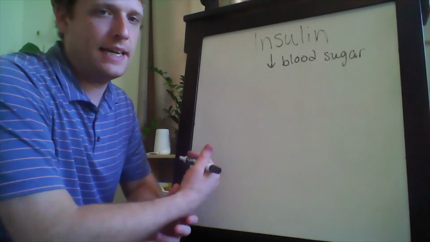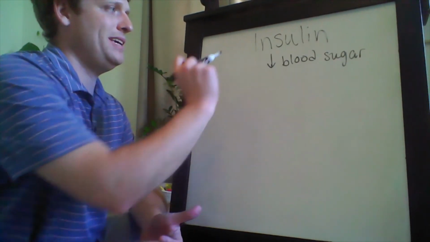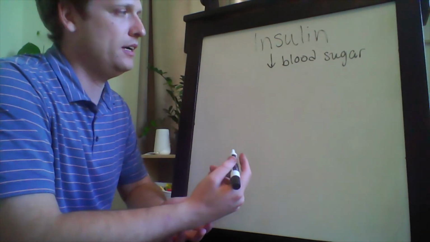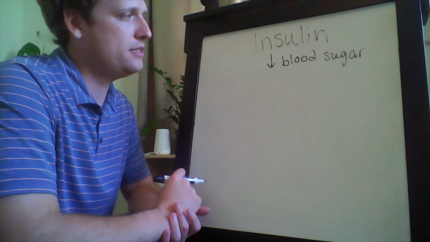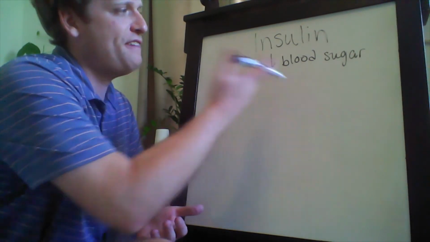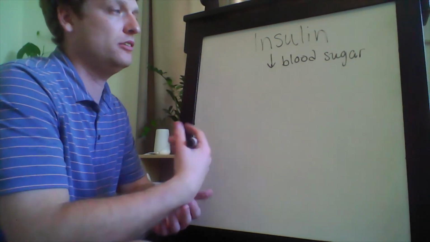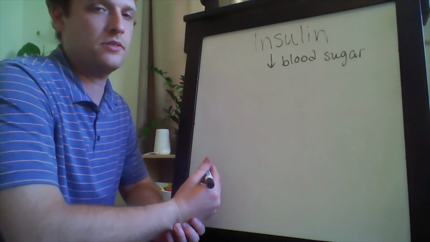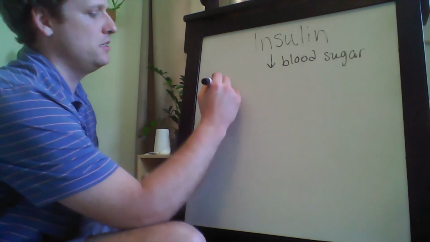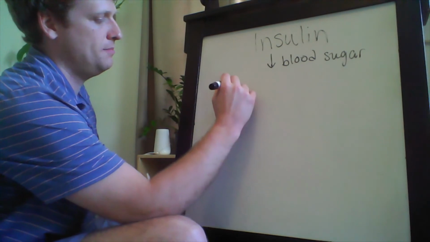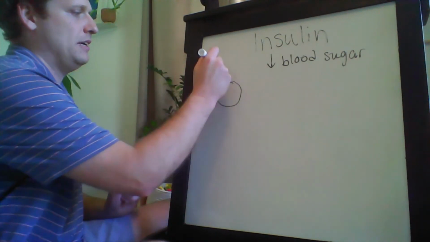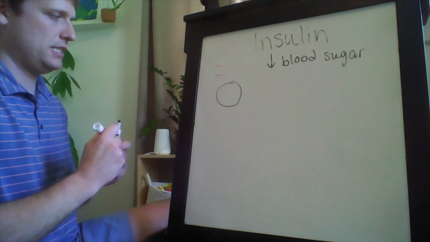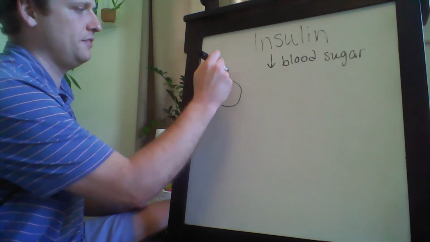So again, the antagonist to glucagon is going to be insulin. This is also produced by the beta cells in your pancreas, and the effect of insulin is going to be to lower blood sugar levels. So what happens is, if you have some cells, and let's say you have a blood vessel that's got lots and lots of glucose in it.